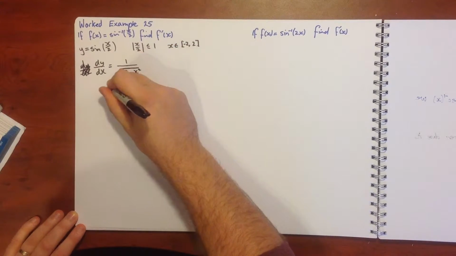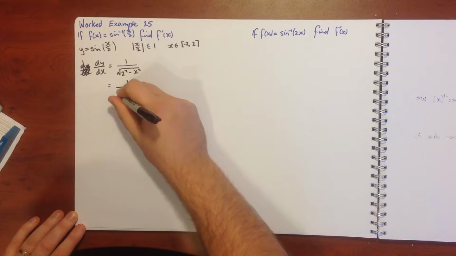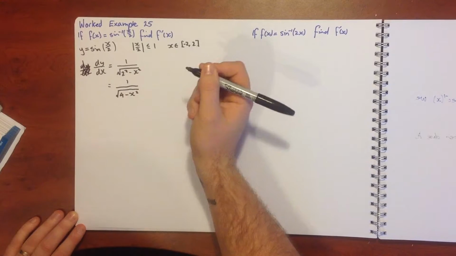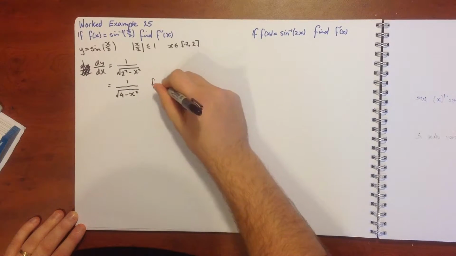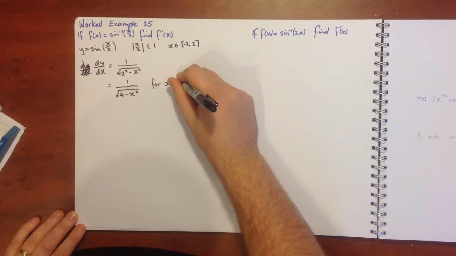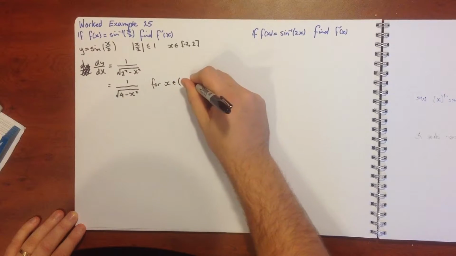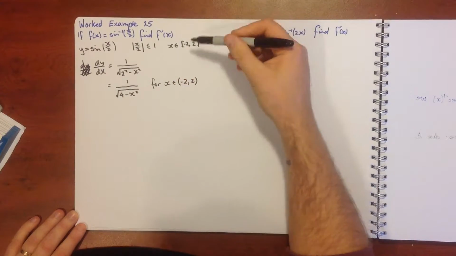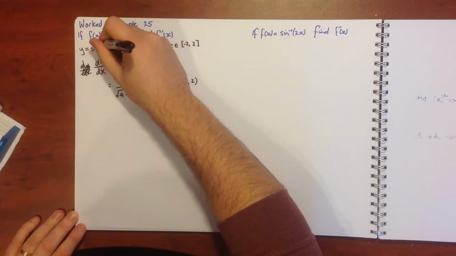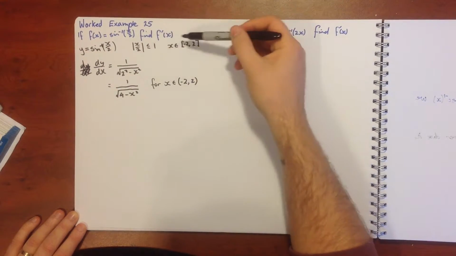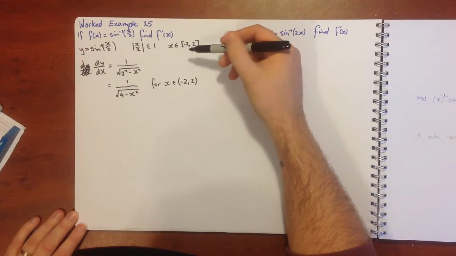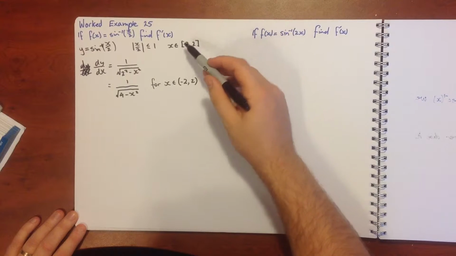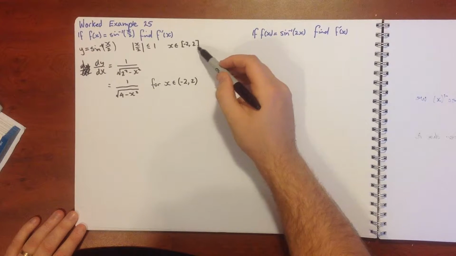So that's equal to 1 over the square root of 4 minus x squared. Now we say for x is an element of minus 2 to 2. Note that we had up here, sorry, that should be inverse, we had up here that x is an element of negative 2 to 2 with square brackets, so we're including negative 2 and 2.